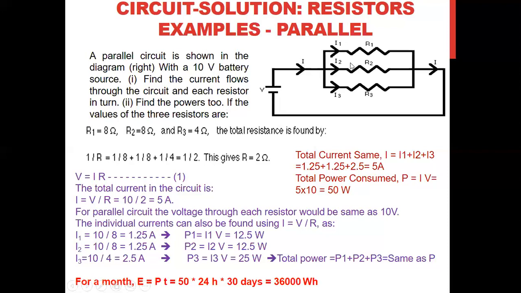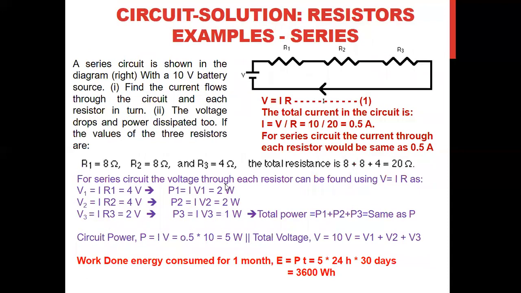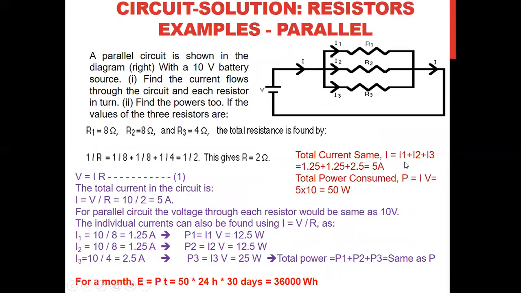Here we can see that in parallel, the total resistance is 2 ohm, but in series, the total resistance was 20 ohm. So the total current flowing through the circuit is 5 ampere, whereas for the series circuit it was 0.5 ampere. Now, the voltage is the same for each resistor, 10 volt.